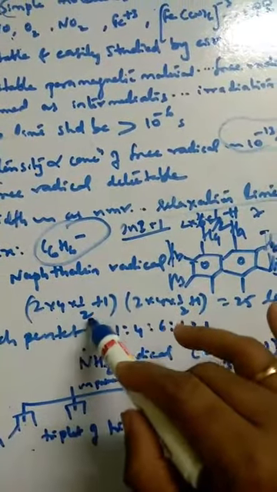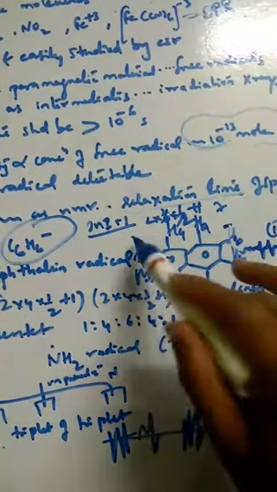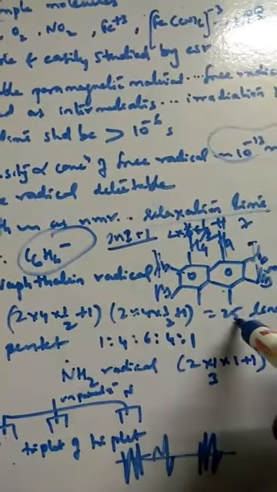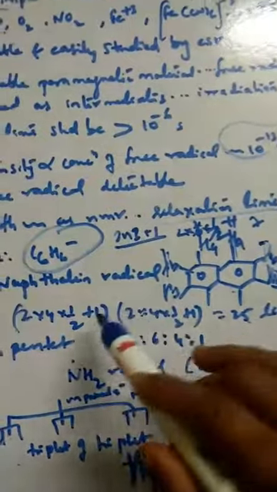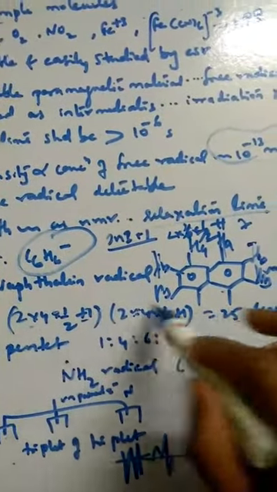Now if I calculate with the formula 2nI plus 1, that is 2 into 4 into half plus 1, for each set of 4 equivalent protons, the 2 cancels, 4 plus 1 is 5, and 5 times 5 is 25 lines.